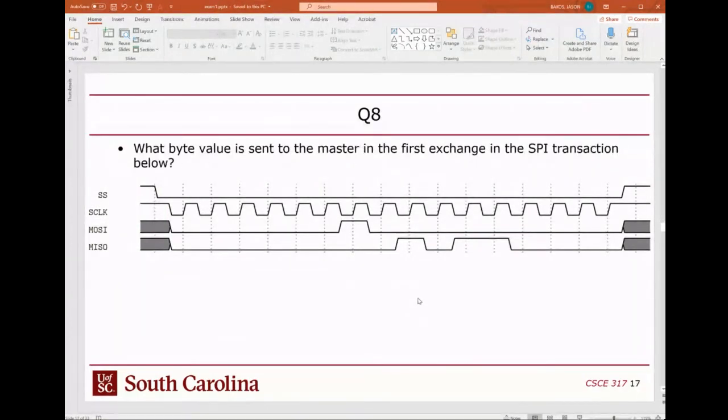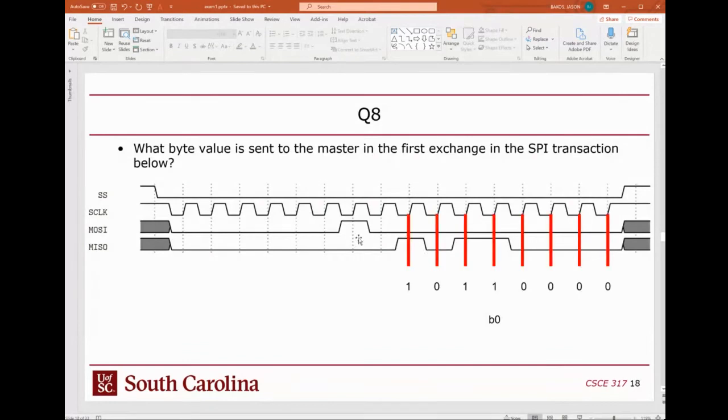Question 8. What byte value is sent to the master in the first exchange? Okay, so this one was meant to actually kind of be a trick question a little bit. In fact, it's funny because when I wrote this question, and then went back and did these slides to come up with the answers, I actually got it wrong, because I used the value going to the master in the second exchange.